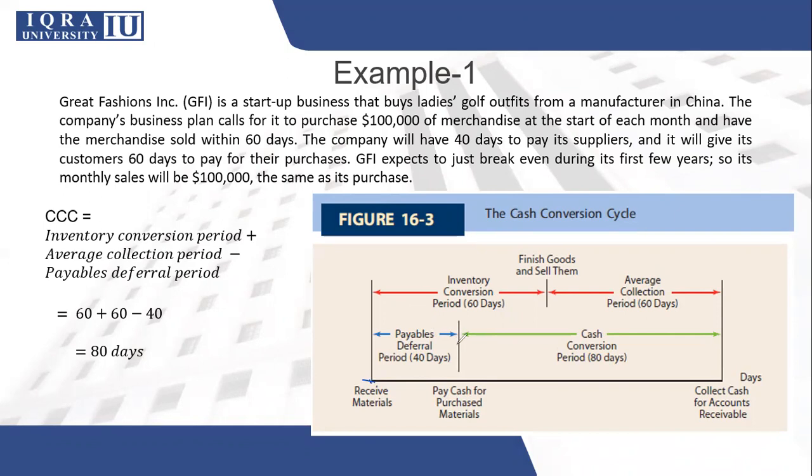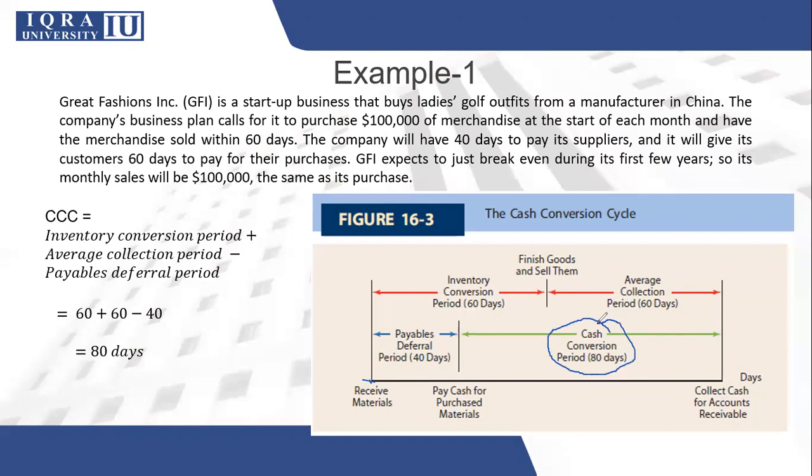After 40 days, you're going to pay cash for the purchased material. So this is the time at which you will have to pay the cash, and this is the time it takes to collect cash. So in total, this cycle takes 80 days.